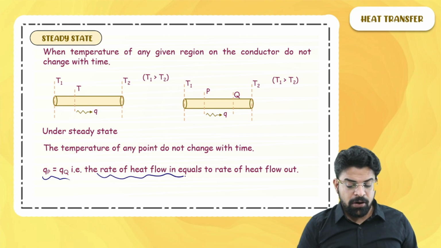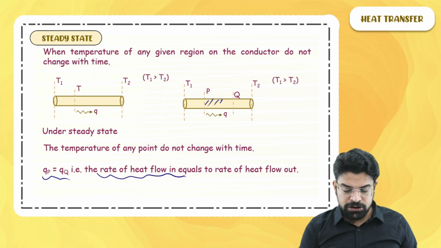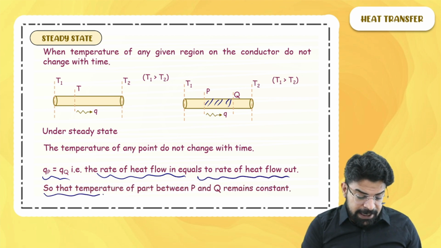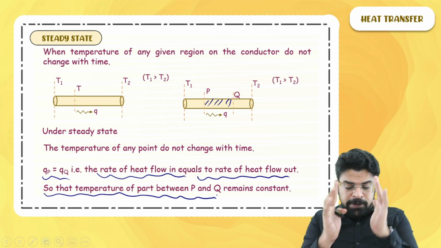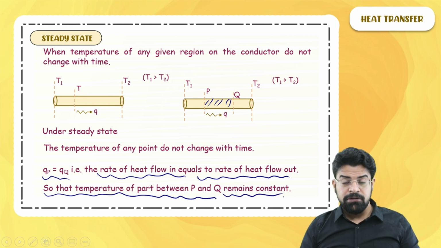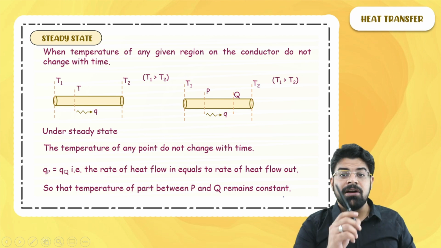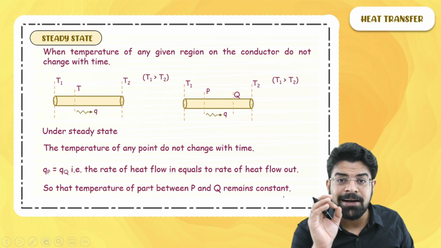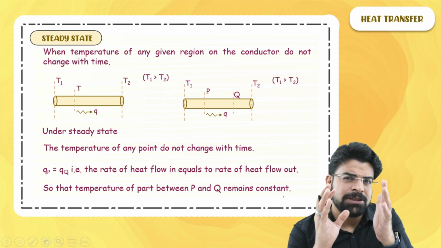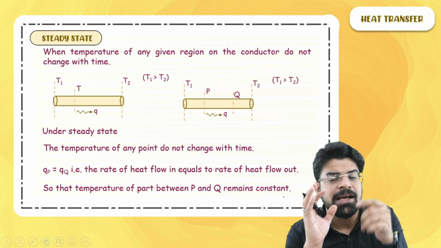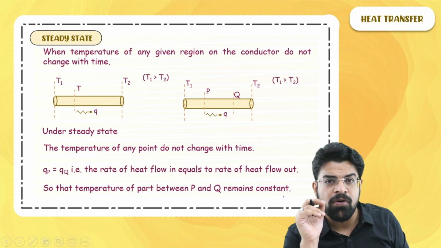That is, the rate of heat flow in through this cross-sectional area has to be equal to the rate of heat flow out, so that the temperature of the part between P and Q remains constant. If the rate of heat flow in is higher, the temperature will rise. If the rate of heat flow out is higher, the temperature will decrease. For the temperature of this part to be constant, the rate of heat flow in has to be the same as the rate of heat flow out.